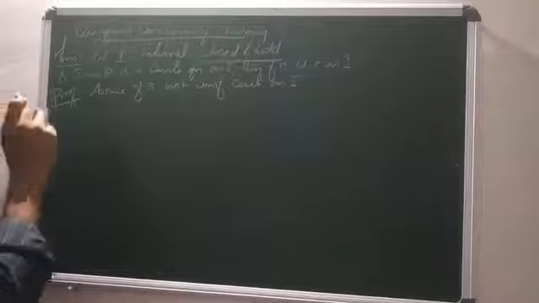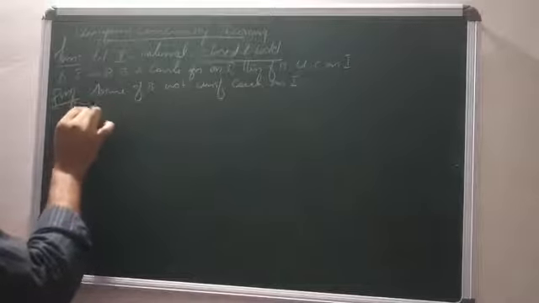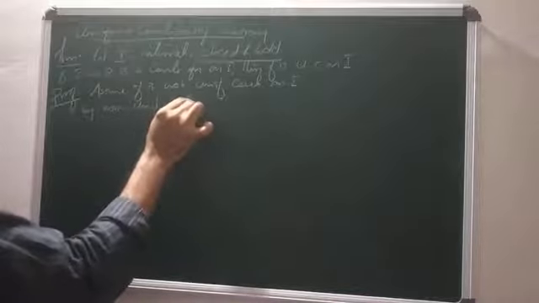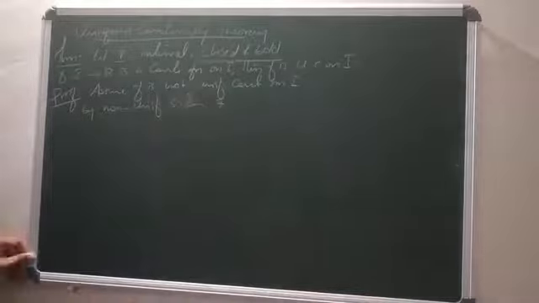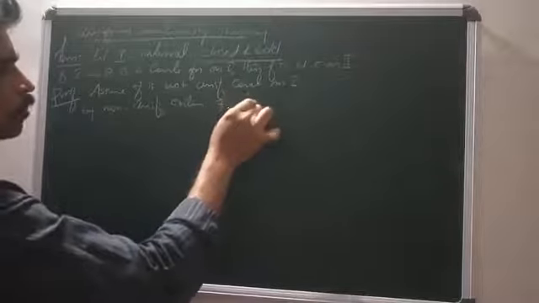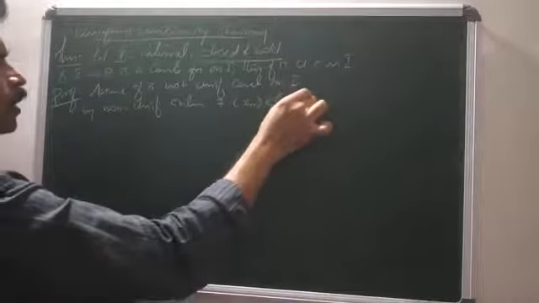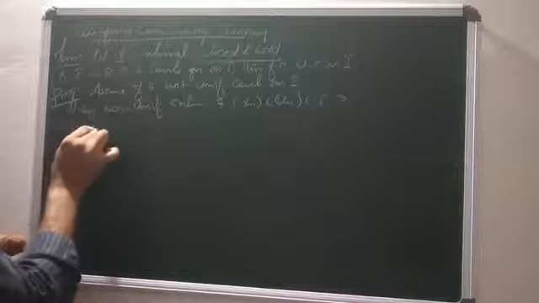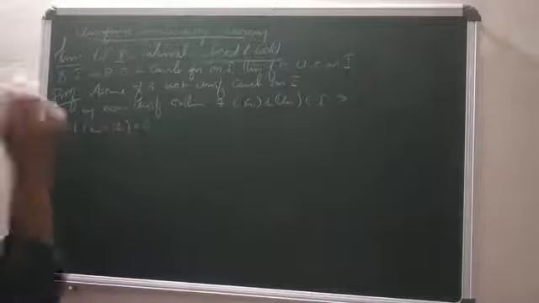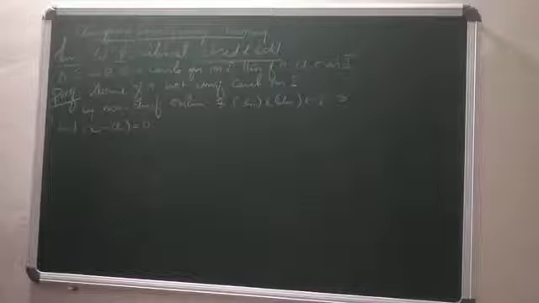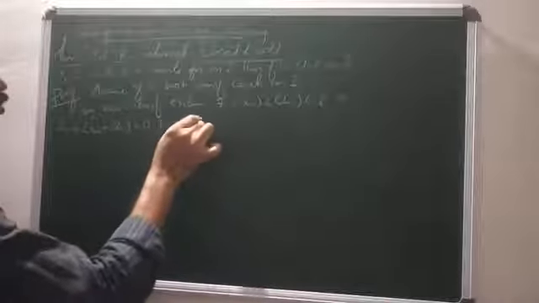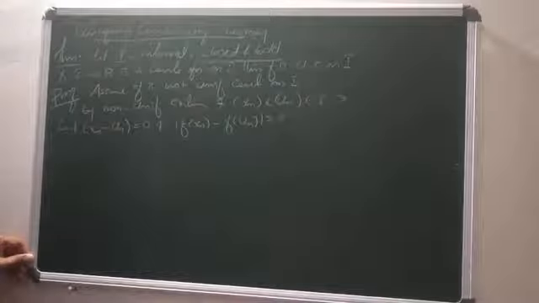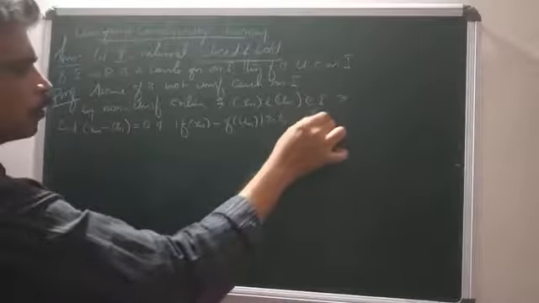Then by the non-uniform continuity criteria, there exist two sequences, xn and un in I, such that the limit of xn minus un equals 0, and the modulus of f of xn minus f of un is greater than or equal to some epsilon naught, where epsilon naught is positive.